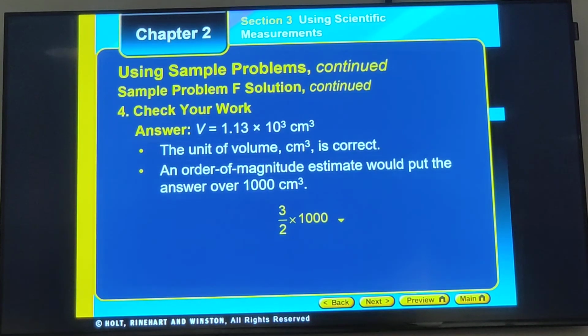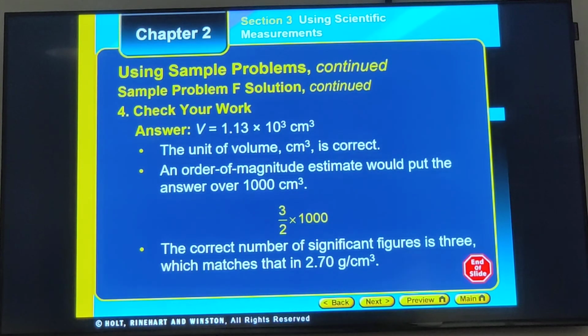The density was around 2, so 3 divided by 2 is about 1.5 times 1,000. So, just checking if it's reasonable. You don't have to use the actual number. If you have a calculator, it's really easy, but if you're just checking in your head.